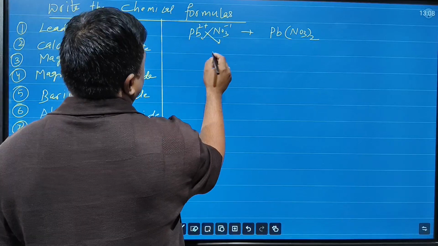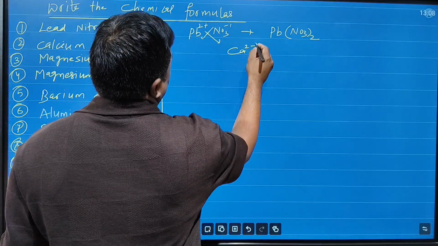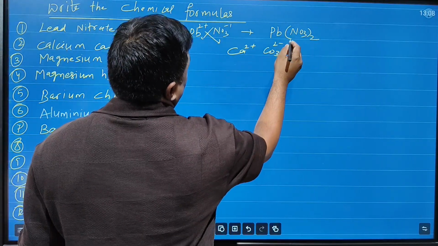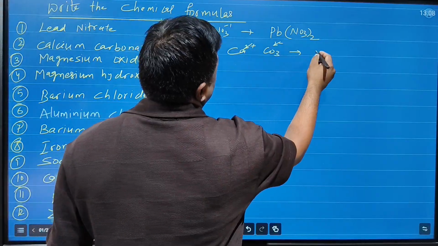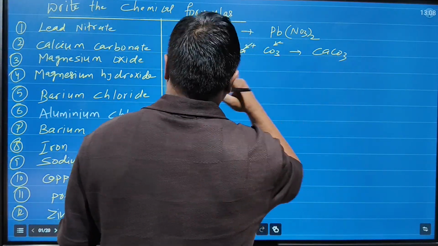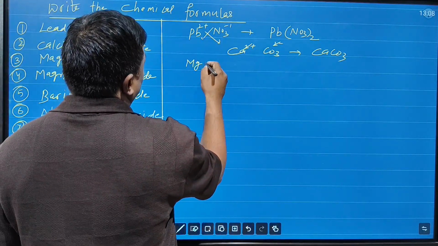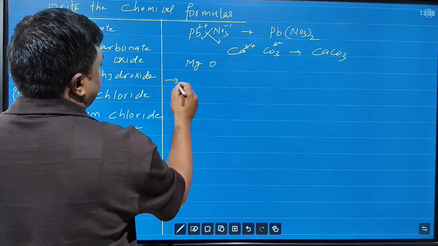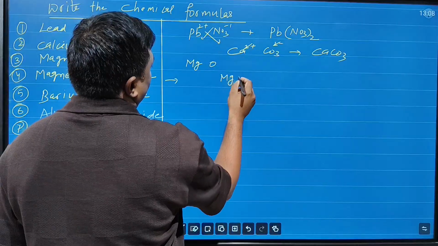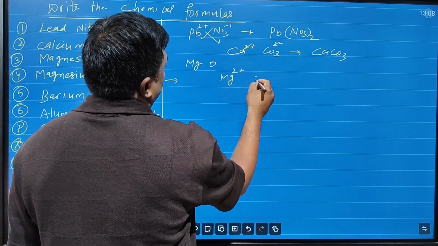Similarly, calcium carbonate, Ca 2+, carbonate 2-. So +2 and -2 get cancelled, so we can write CaCO3. Next, magnesium oxide, just now we did it, MgO. Magnesium hydroxide, see, magnesium is Mg 2+, hydroxide is what?